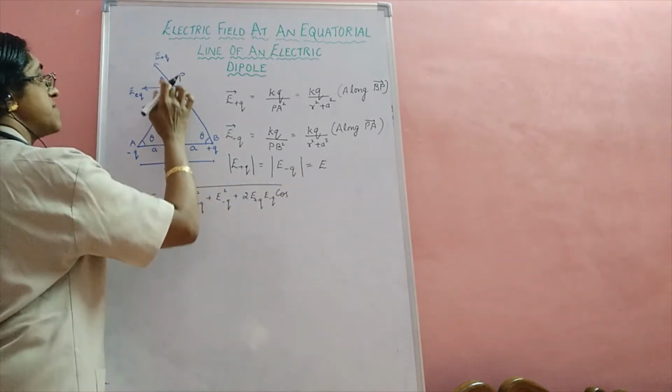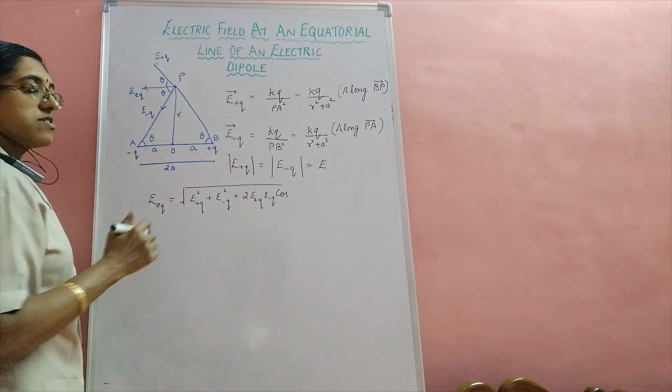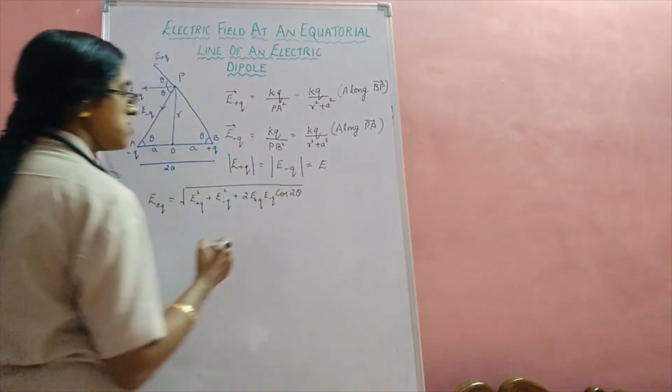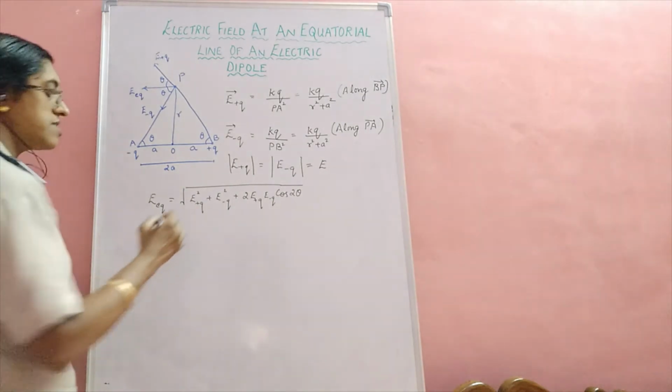Now, what's the angle between these two fields? It is 2 theta. So, it would be cos 2 theta. Right?